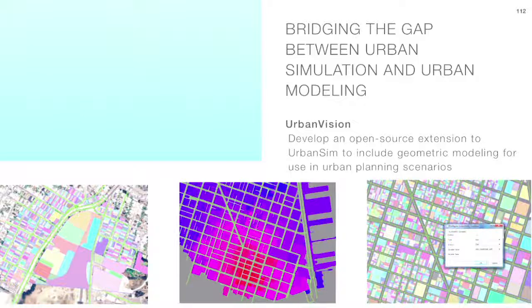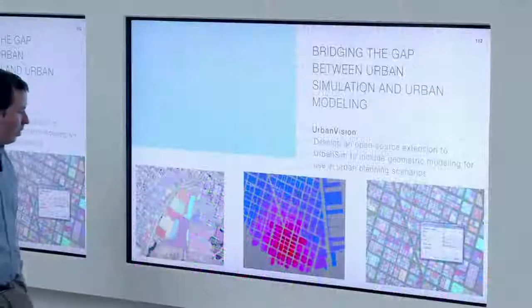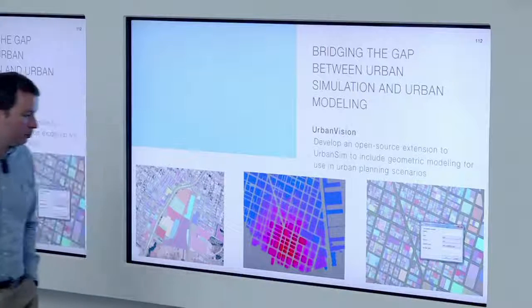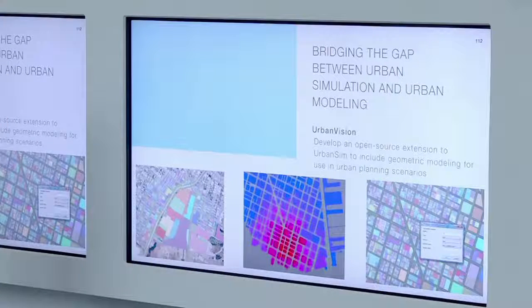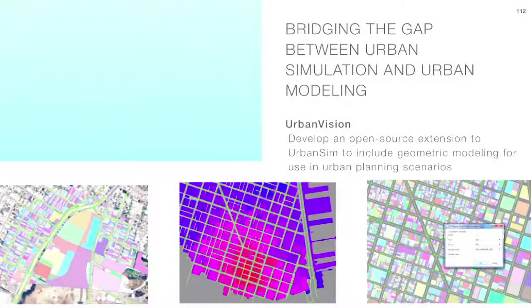And now this was an early prototype, and now it comes to the Urban Vision project, which has been developed by Paul Waddell and Daniel Aliaga. Paul Waddell is actually the inventor of the UrbanSim system almost 10 years ago.